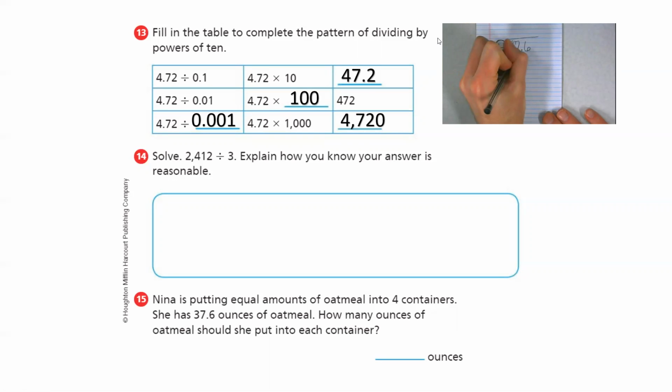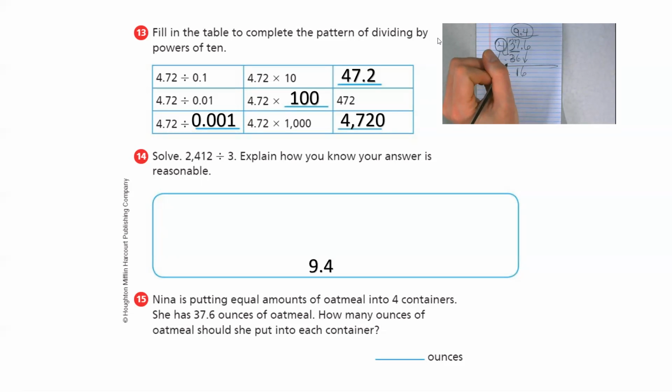How many 4s are in 3? None. How many 4s are in 37? 9. You can count 4 nine times, and that is 36. So there's only one left over. You have a decimal. Put the decimal up. How many 4s are in 16? So what's your answer? 9 4/10 ounces.